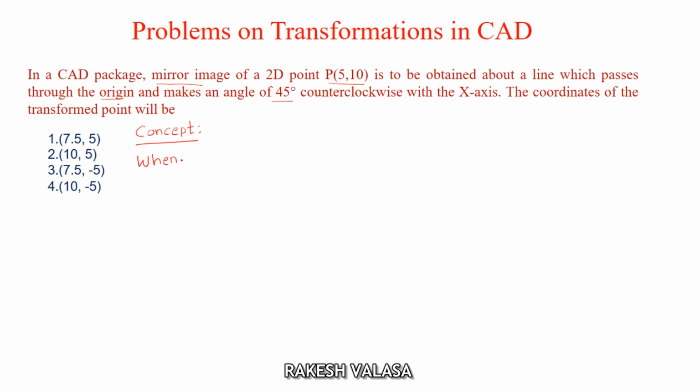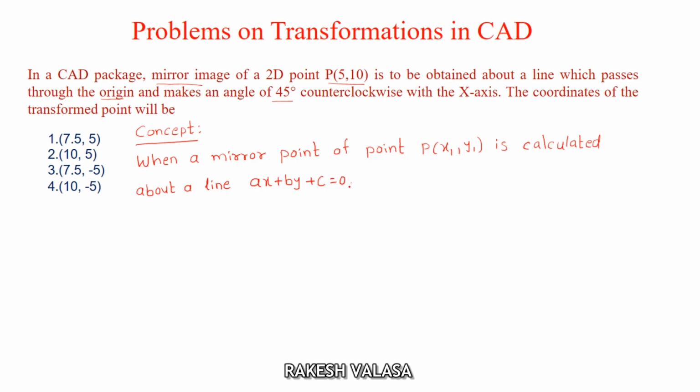When a mirror point of a point P of (x1, y1) is calculated about a line ax plus by plus c equal to 0, it is given by the point P dash of (x2, y2).